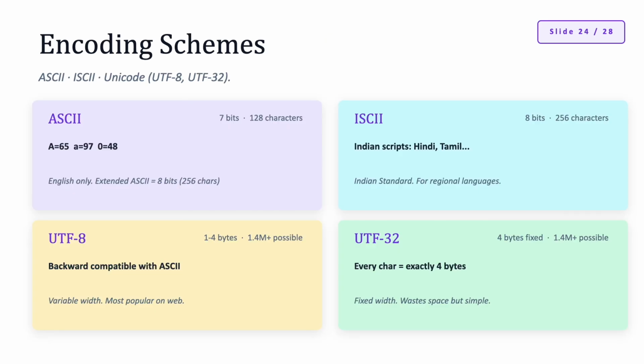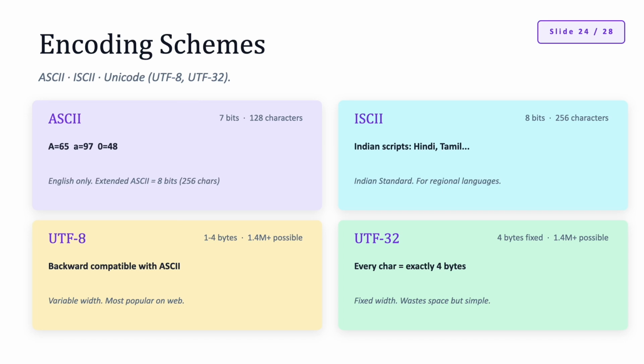Encoding schemes assign numbers to characters so computers can store text. ASCII, American Standard Code for Information Interchange, uses 7 bits representing 128 characters from 0 to 127. A equals 65, small a equals 97, 0 equals 48, space equals 32.